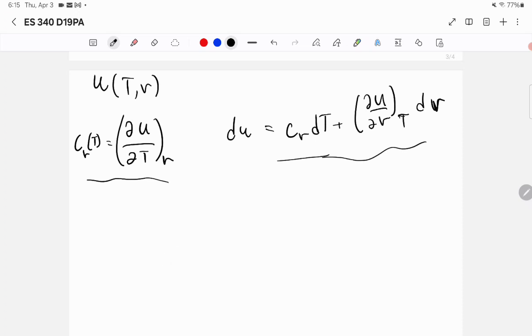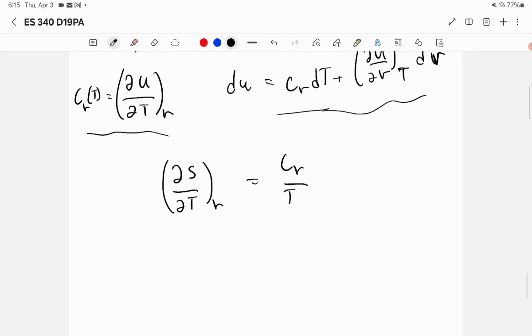But we can find equations such as this: ds/dT, holding v constant, ends up being equal to cv over T, which you already kind of know, if dv is equal to 0 and dT is not. So you've seen a relationship sort of similar to this.